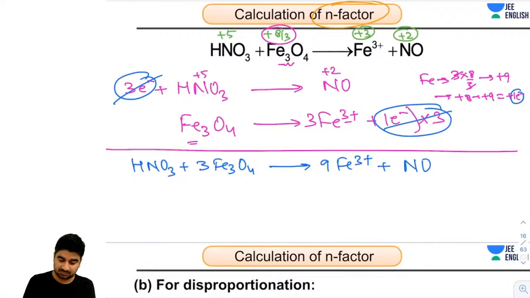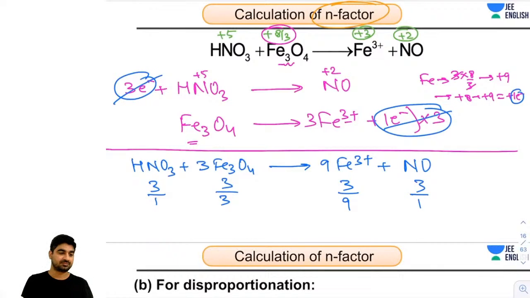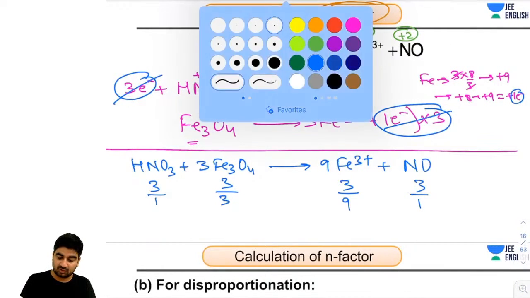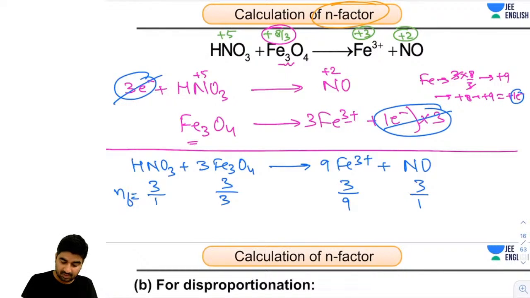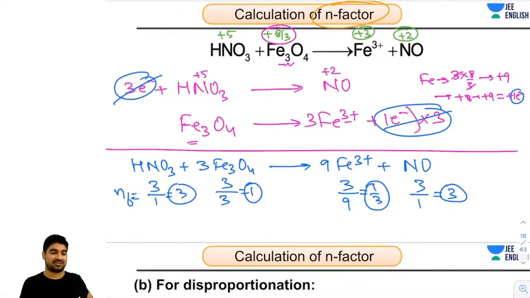So what will I do? 3, 3, 3 and 3, right? So just calculate the n factor here. What will be the value of n factor, guys? It will be 3, 1, 1/3 and 3. So now you are done with n factor.